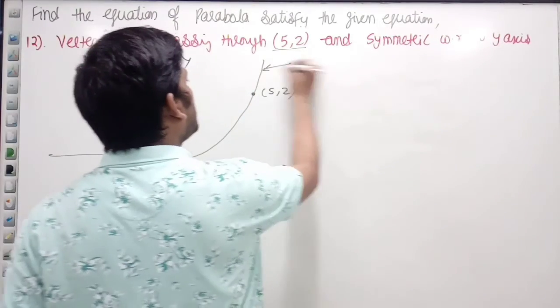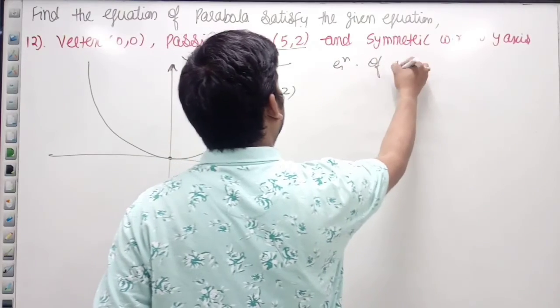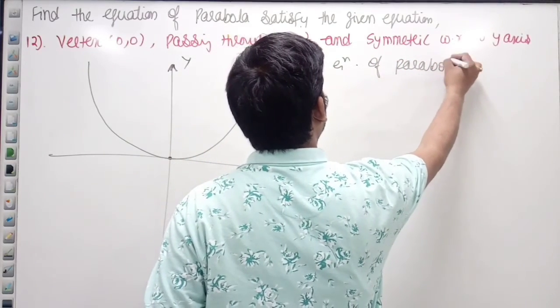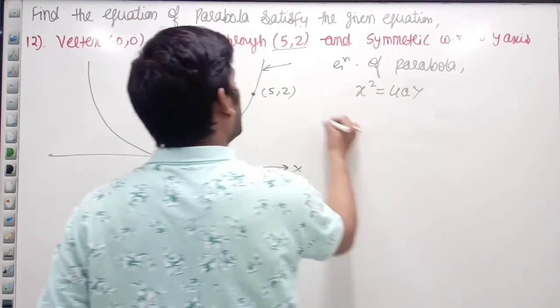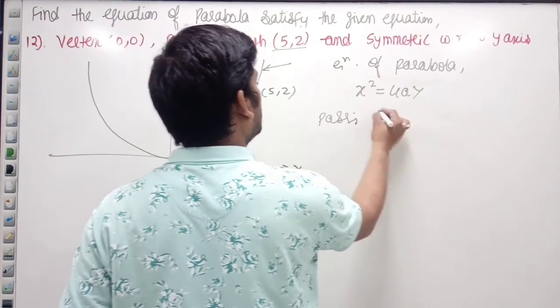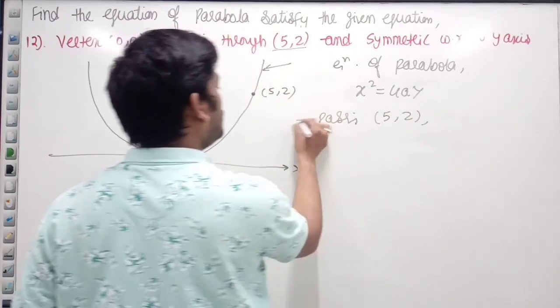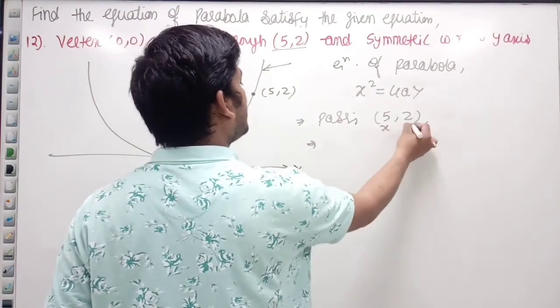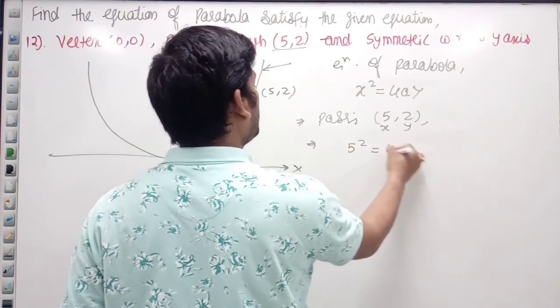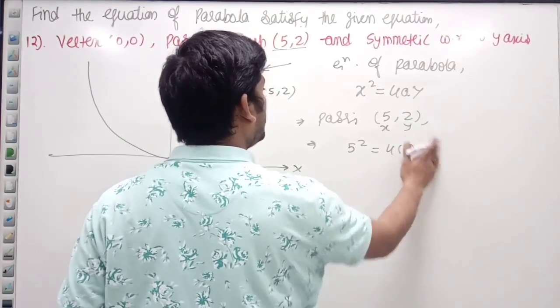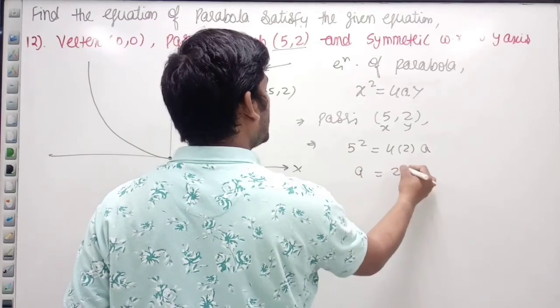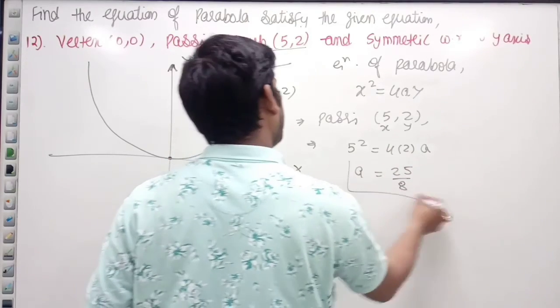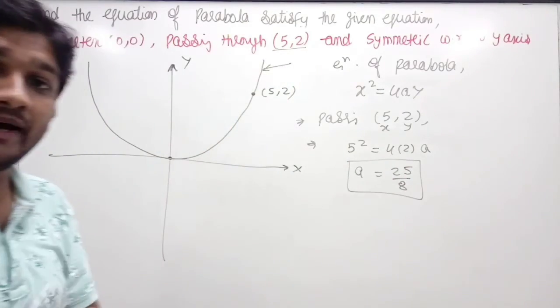The required equation will be what? The equation of the parabola is x square equal to 4ay. Now it is passing through 5, 2. So we can say x is 5, y is 2: 5 square equal to 4 into a into 2, so 25 equal to 8a, so a is equal to 25 by 8.